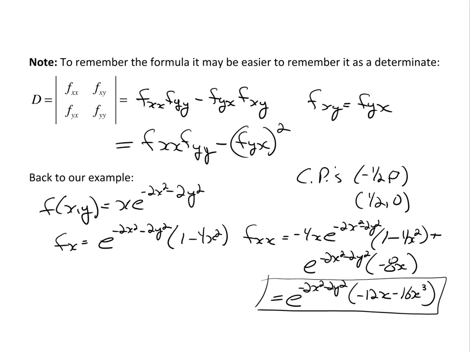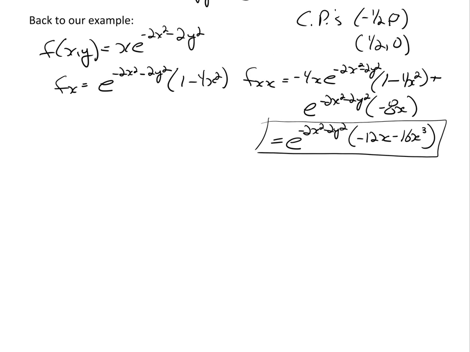I also need to take a look again at my partial with respect to y. That partial was negative 4xy e to the negative 2x squared minus 2y squared.